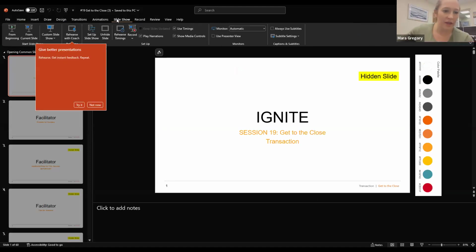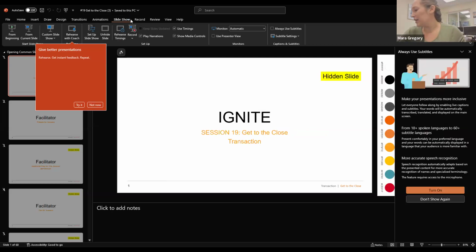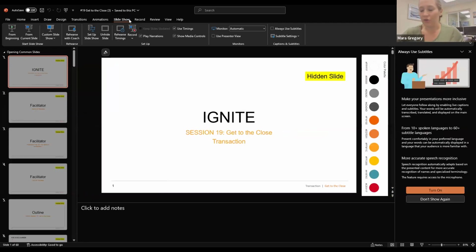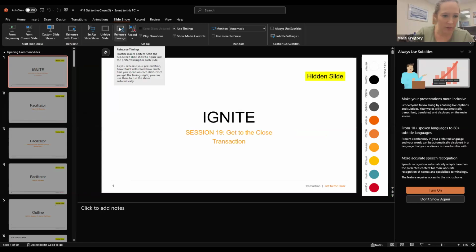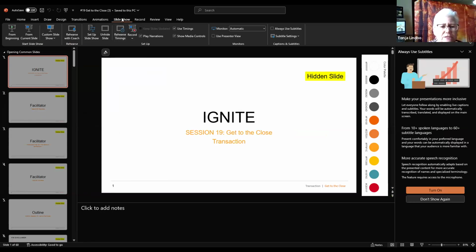Yep. And then you'll be able to do from beginning or from current slide. And then you can scroll through to whichever one you want to start with. I'm on slideshow, and on the left-hand side on the top, it says from beginning or from current slide in the very corner. It's not showing me that.